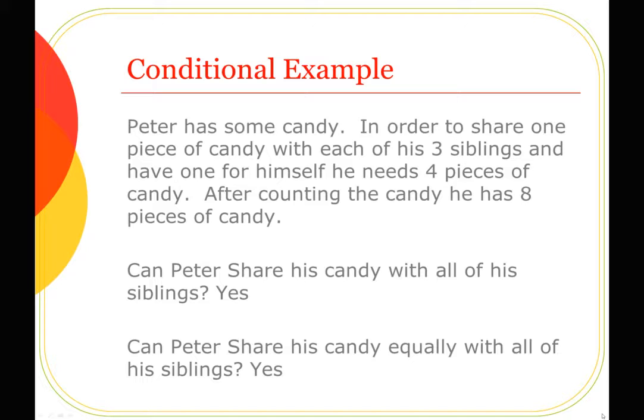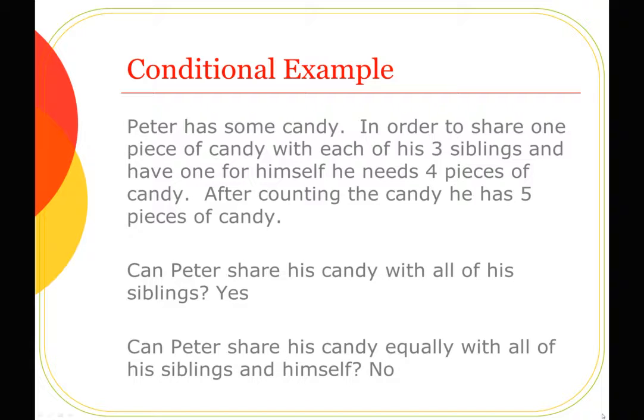Well, yes, he can. Now, here's an interesting question. Can Peter share his candy with all of his siblings equally? Well, he has 8 pieces, 3 siblings, including himself, that's 4. So he should be able to give everybody 2 pieces of candy. So, yes.